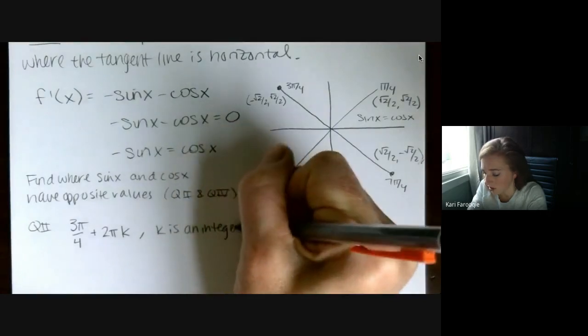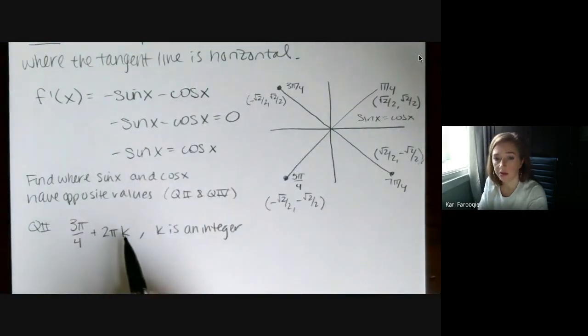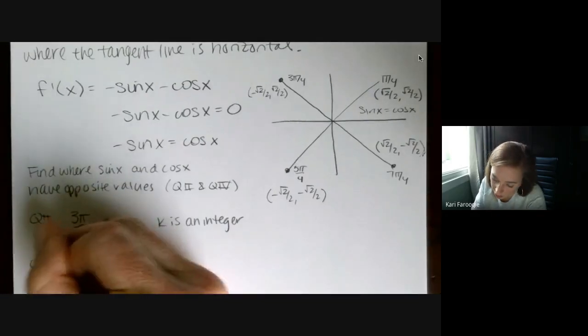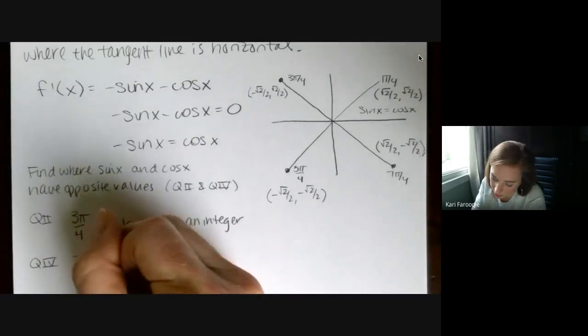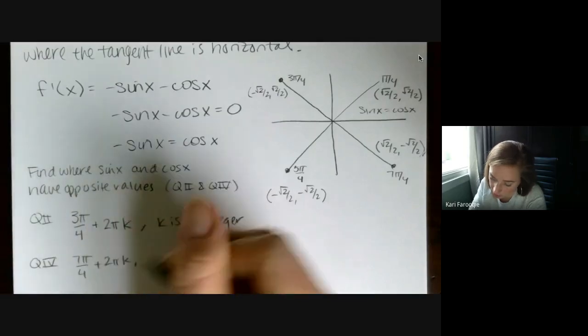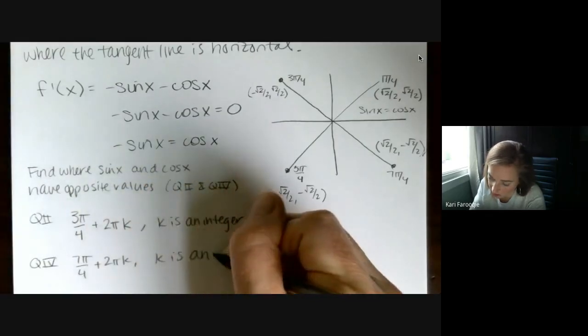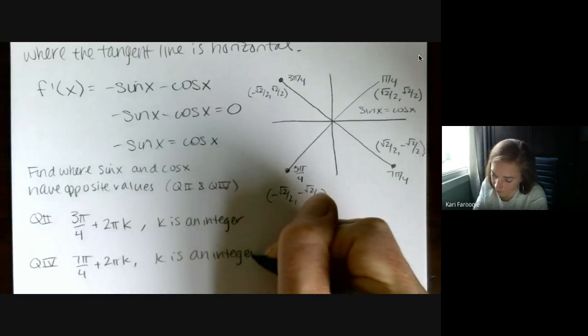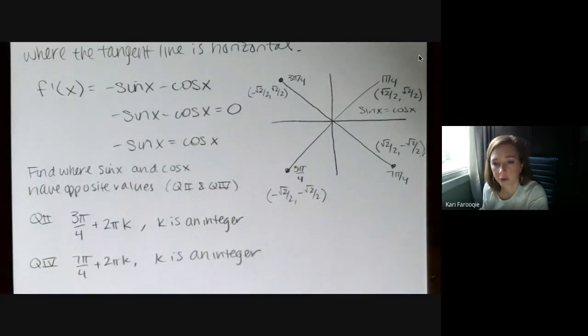And the reason you did that was because you could let k be 1, and then you'd just be adding 2 pi. You could let k be 2, and you'd be adding 2 pi twice. You could let k be negative 1, and you'd be subtracting 2 pi. See how that works? And you would have done something similar for quadrant 4. You would have said, okay, 7 pi over 4 plus 2 pi k, where k is an integer. And that would have also been true.